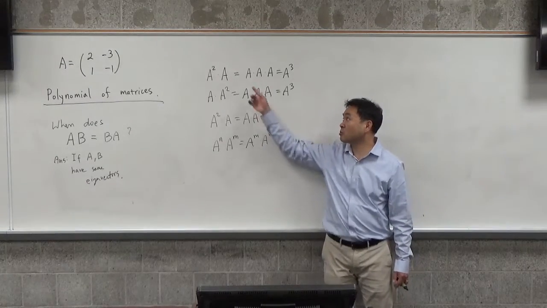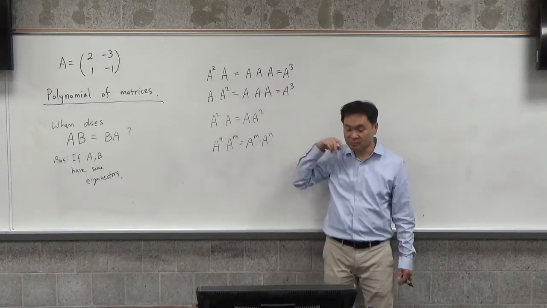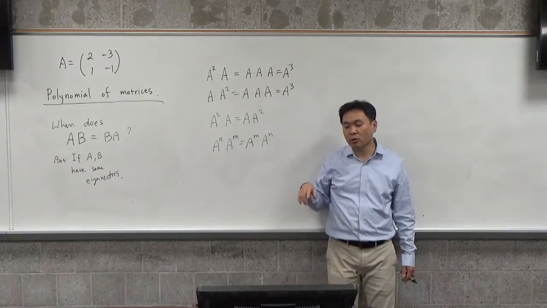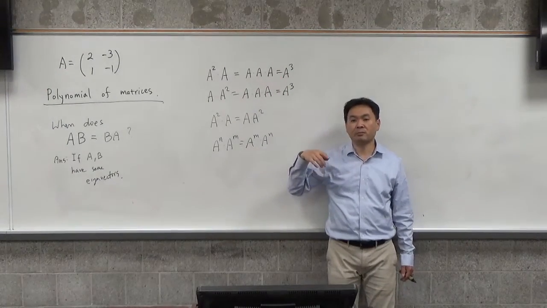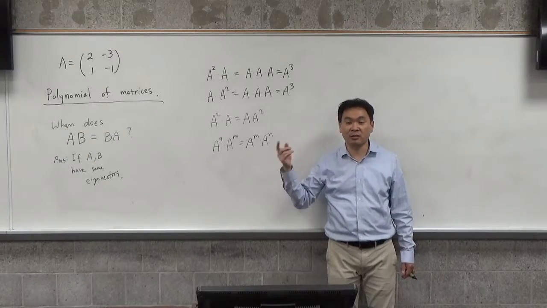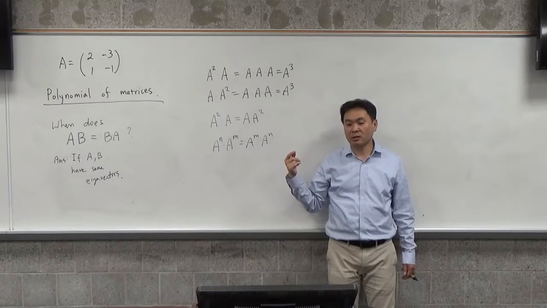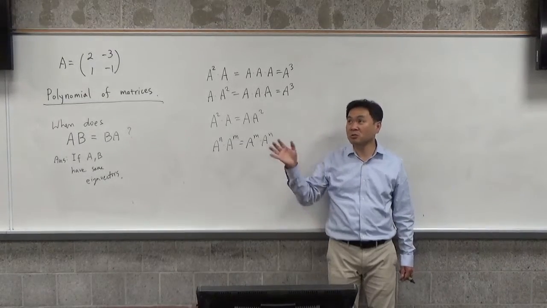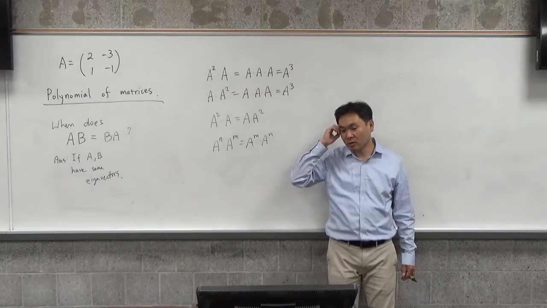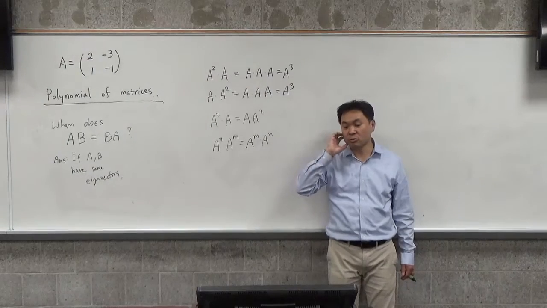Associativity is true. There's also a multiplicative identity. The identity matrix works like that. And so many other things are true. There's also the distributive property that's also true.